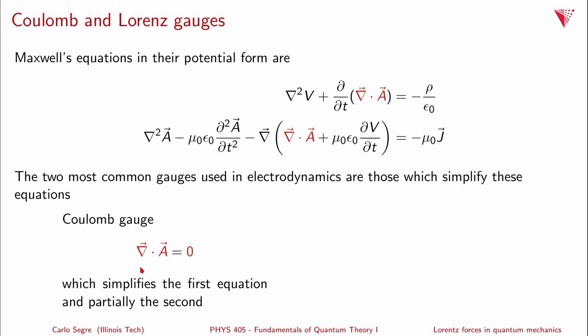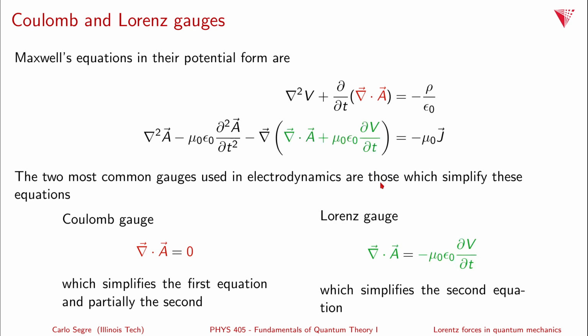Now, if ∇·A is equal to 0, this term goes to 0, and the first equation becomes the Laplacian of the scalar potential is equal to −ρ/ε₀. Very simple. And the second equation simplifies also a little bit because you remove this term, it's gone. So now you just have ∇ of μ₀ε₀ partial V with respect to t. And so you've removed one term out of that as well.